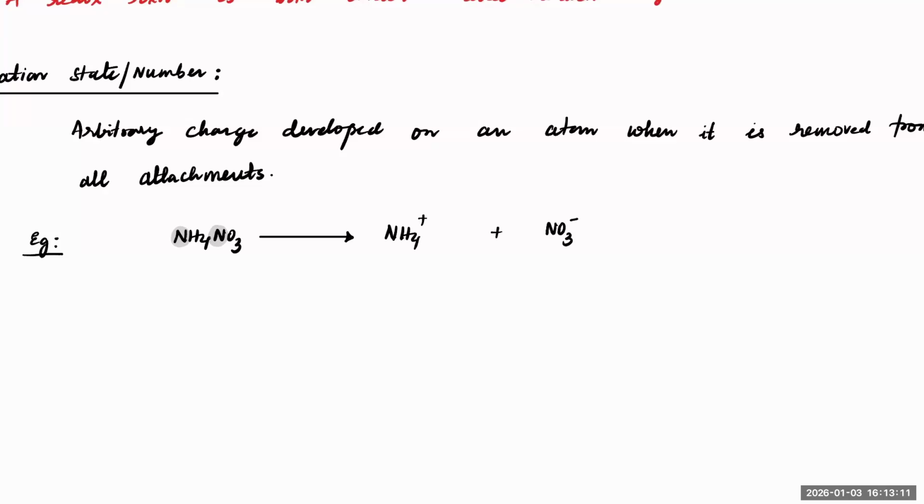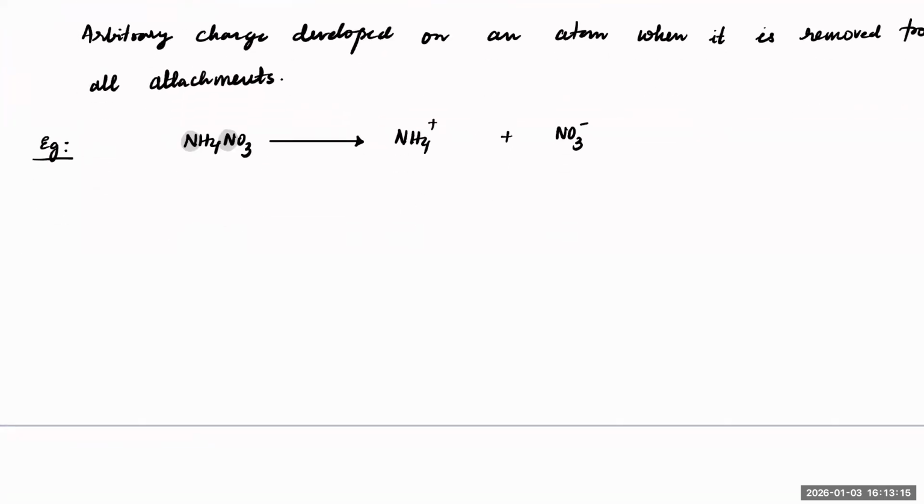This is something we must know. Next, in NH4, nitrogen is actually making four bonds with hydrogens like this, and overall it has a charge of plus one. Clear?